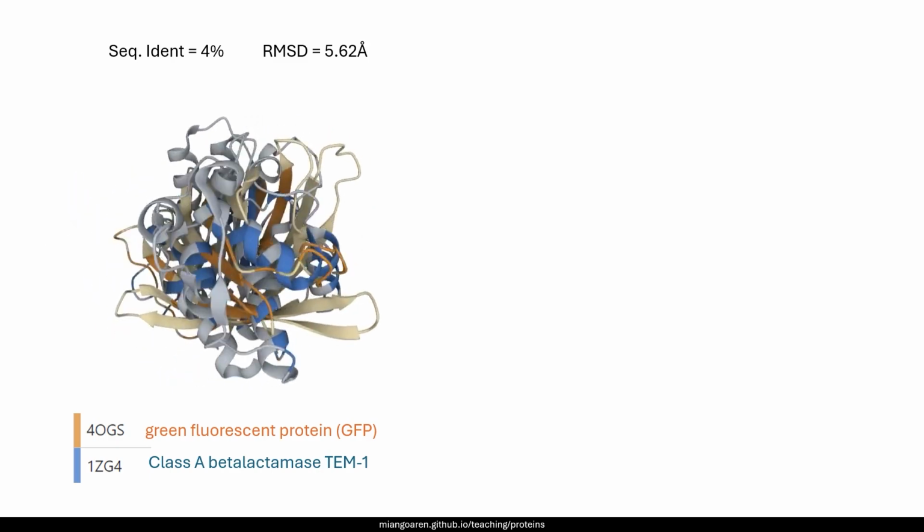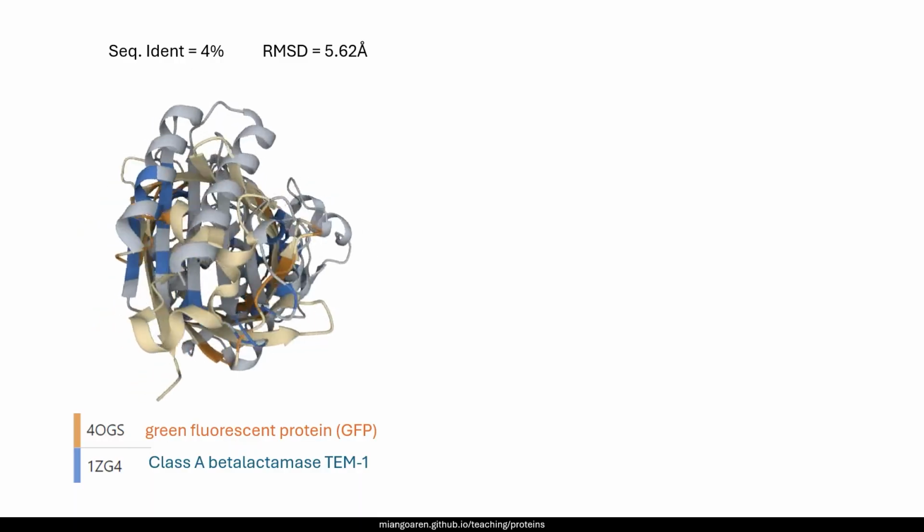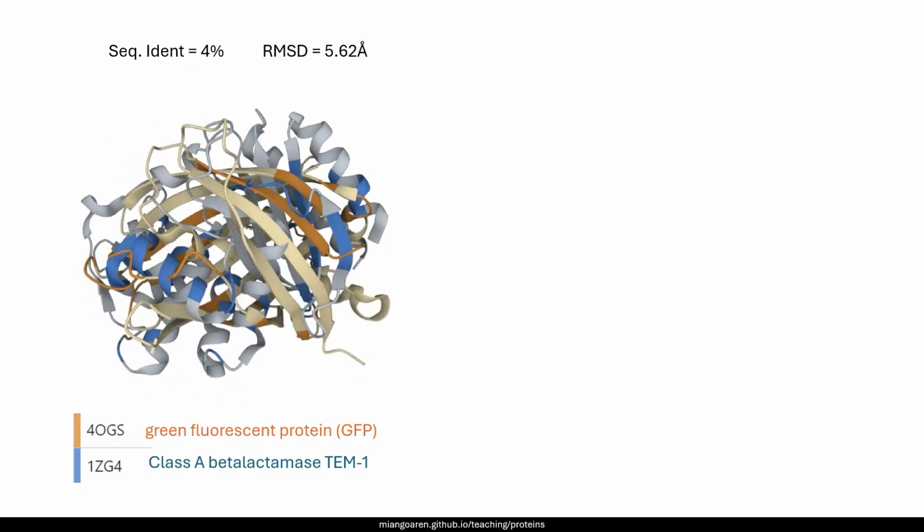They share a sequence identity of approximately 4%, and their RMSD is 5.62 angstroms in the case of comparing GFP against TEM1, which is telling us that these proteins have nothing to do with each other in structural terms, and that we could think that they are not homologous.